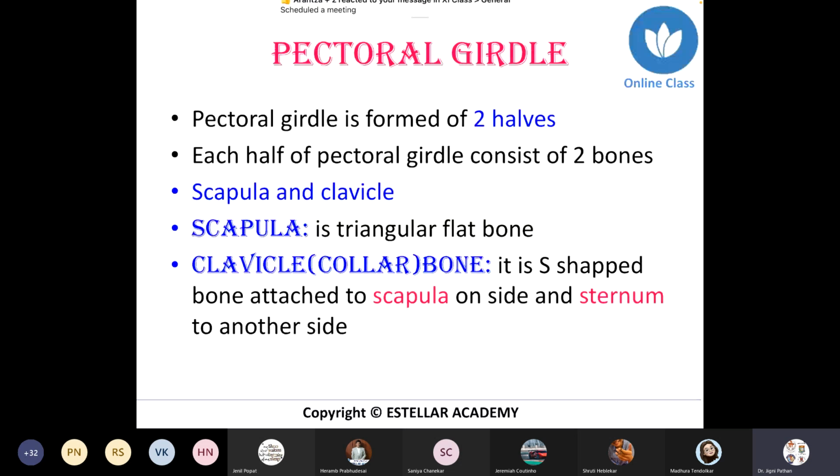Then you have a clavicle. Do you remember clavicle notch? Where is the clavicle notch present? Next question, quick. Answer needs to be quick. Where is the clavicle notch present?